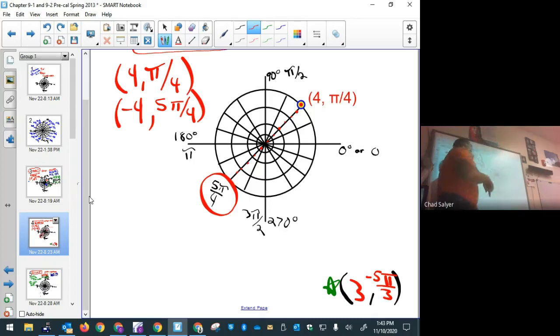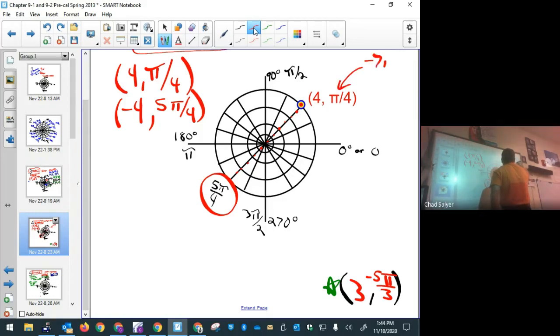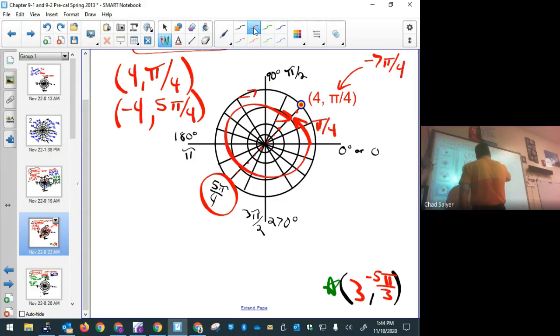Okay, so now these angles, I can express them as positive or negative. In both cases, the angles here are positive. But another way to say pi over 4 is negative 7 pi over 4. You remember that? So instead of going positive pi over 4 units, I can go negative 7 pi over 4 units and land on the same terminal ray.